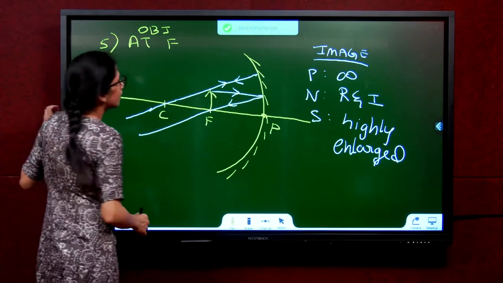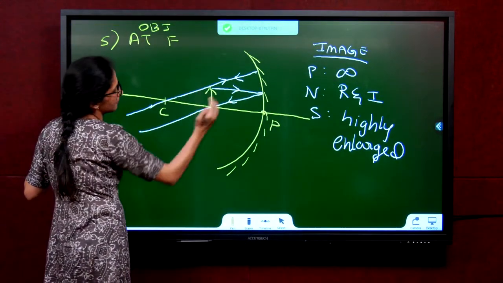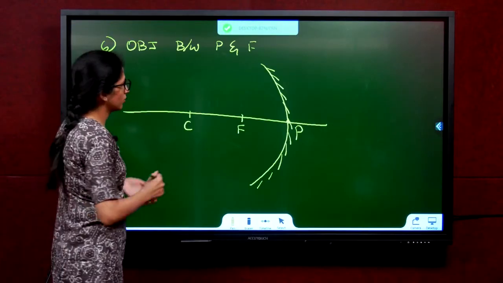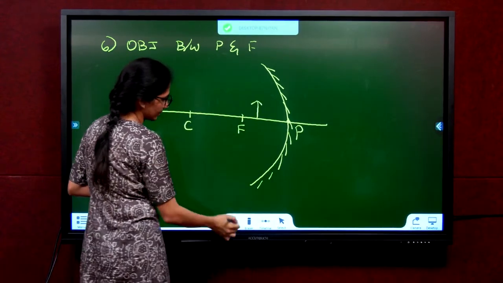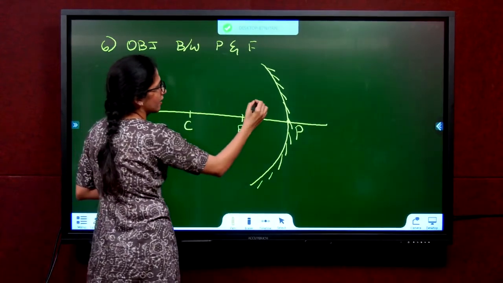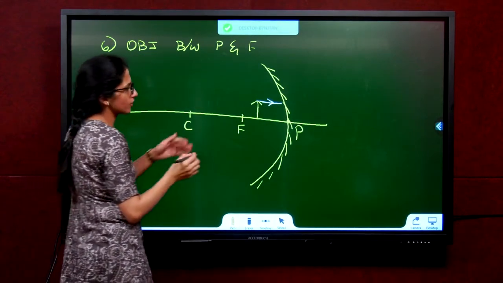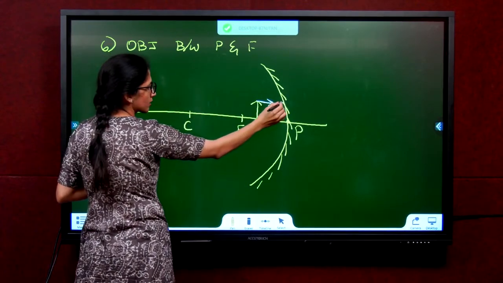Okay. Now this brings us to the last case where the object is placed between P and F. So now the object is placed between P and F. Let's place it. First ray. A ray going parallel to the principal axis after reflection passes through the focus. So take this point, take your scale, join this point and focus.